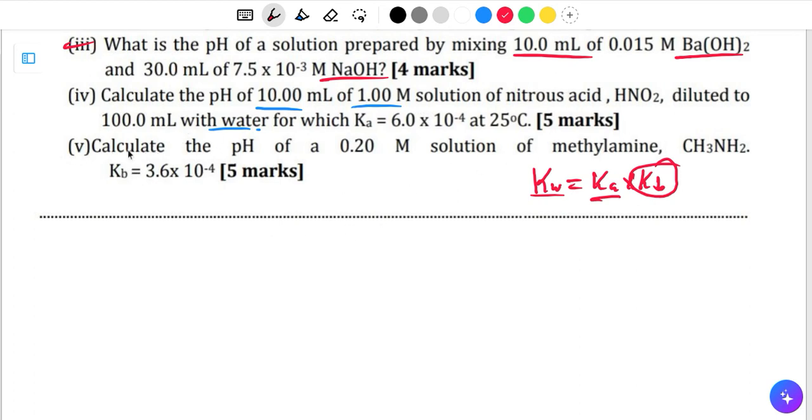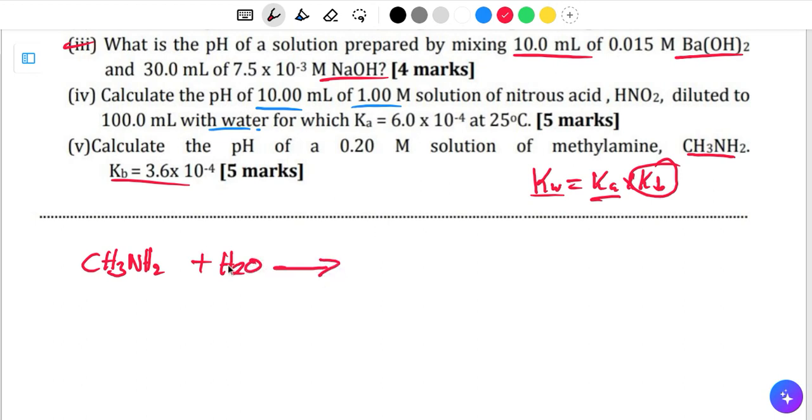The last question is saying calculate the pH of a 0.2 molarity solution of methylamine, which is this one. And then the Kb, we have been given that. So let's write the reaction of methylamine. Not a neutralization reaction, but rather we are reacting it with water and seeing what we are going to have.